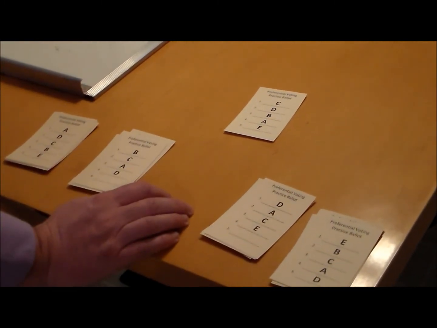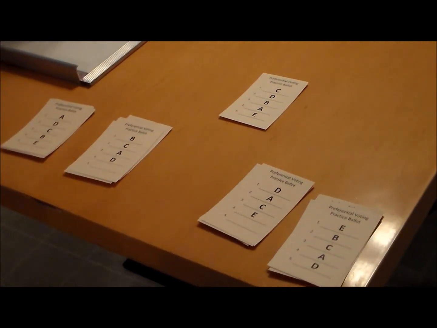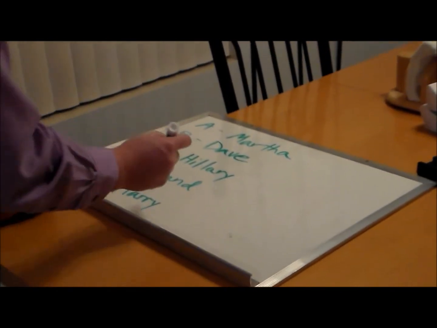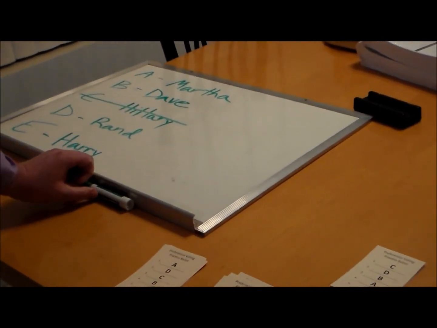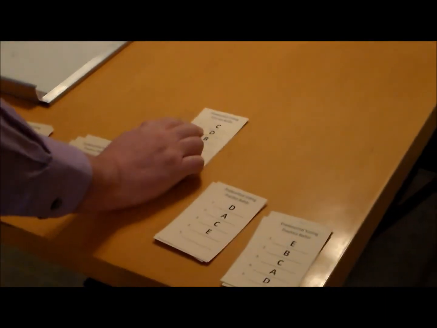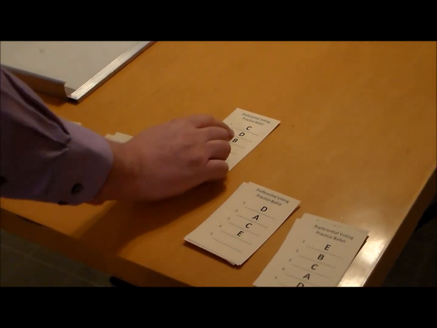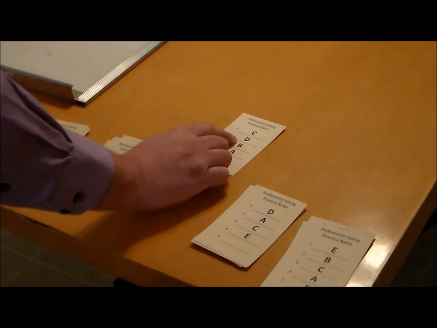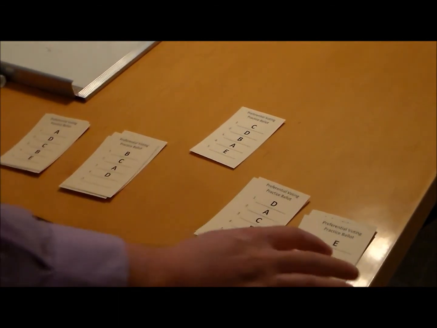Now what happens is that everybody who voted for the eliminated candidate, Hillary, is now sorted by their second preference. The one person who voted for Hillary voted D as their second preference, so that would go to the D pile.